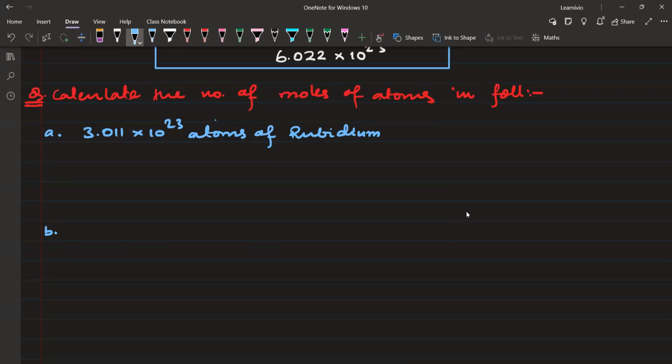Write B: 1.2044 into 10 to the power 24 atoms of sodium.